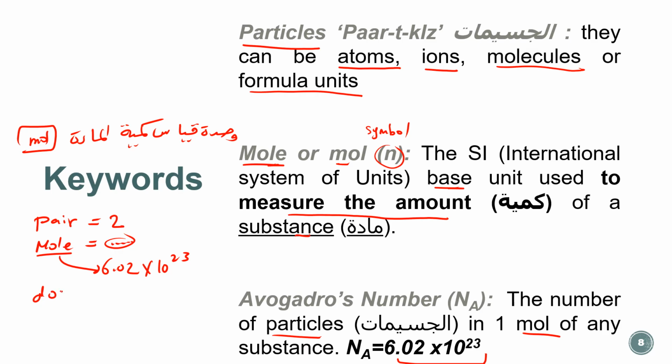Like dozen equals 12, right? يعني إذا عندنا 12 حبة من أي شيء نقول dozen. إذا عندنا 6.02 times 10 to the power 23 of any particle, we call that 1 mole. So Avogadro's number is the number of particles, عدد الجسيمات الموجودة في مول واحد من أي مادة, and this is the number 6.02 times 10 to the power 23.